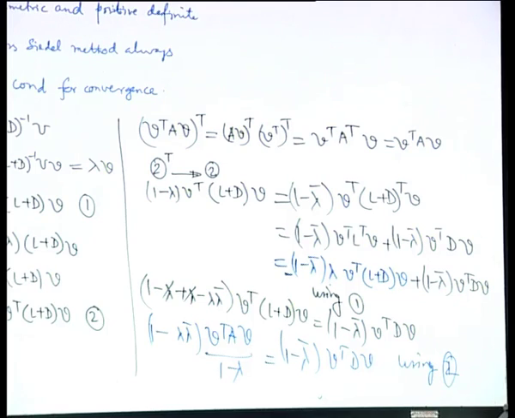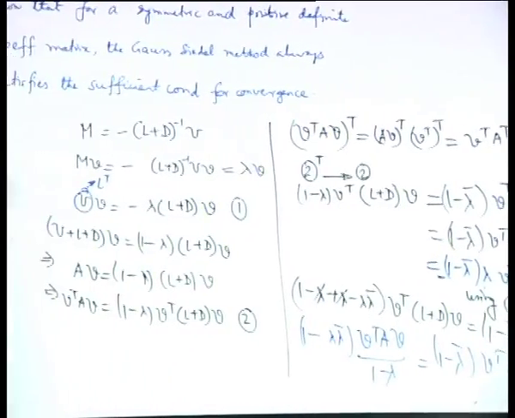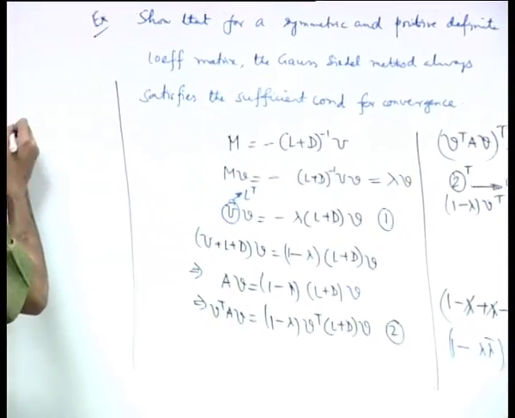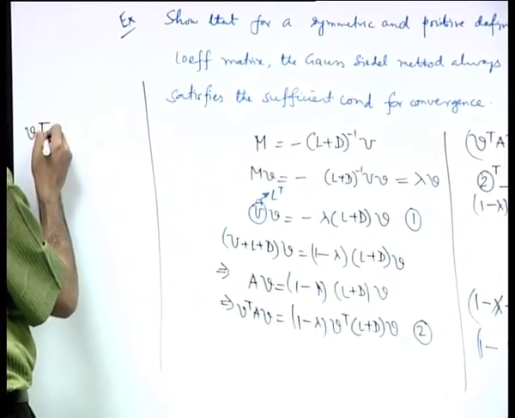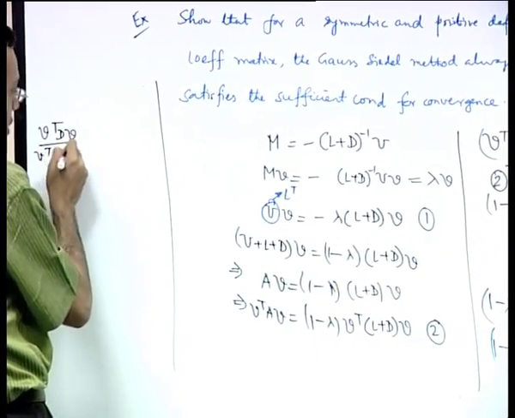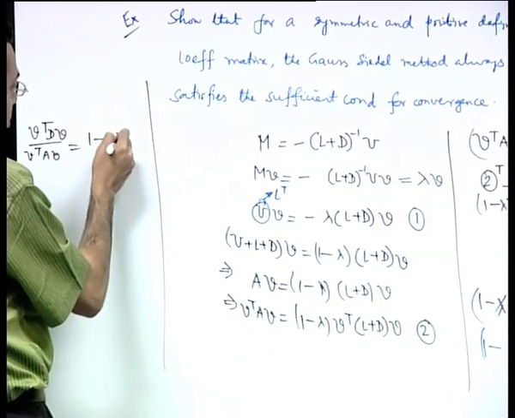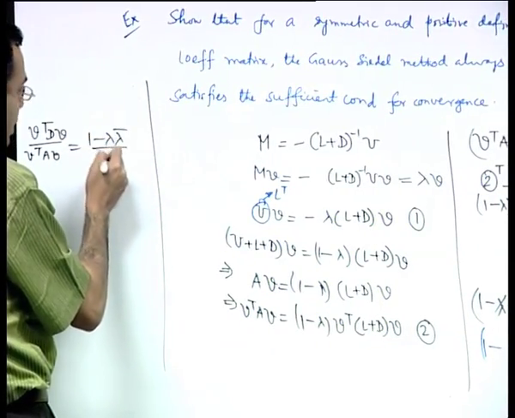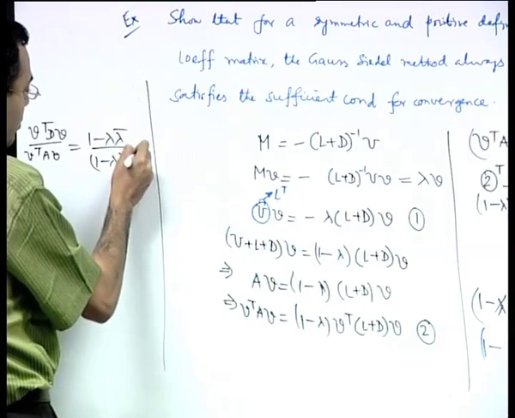If you consider lambda and lambda bar as complex conjugates, first of all let us write this one as V transpose DV by V transpose AV is equal to 1 minus lambda lambda bar by (1 minus lambda) into (1 minus lambda bar).